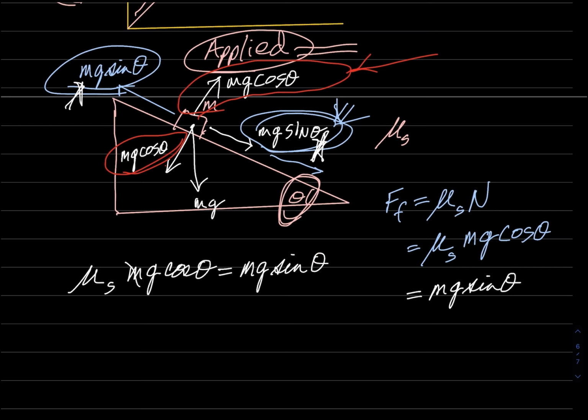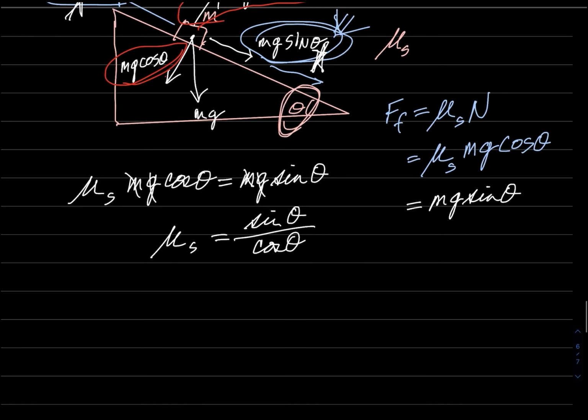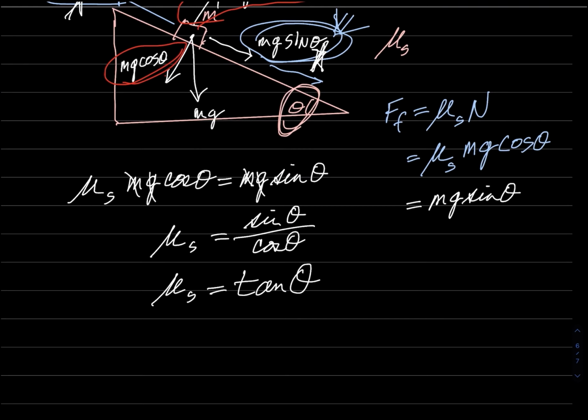Let's see what happens. Let's knock out the m. Let's knock out the g. Let's divide both sides by cosine theta. Well, look at that. The coefficient of static friction equals the tangent of the angle of the wedge. Isn't that interesting?